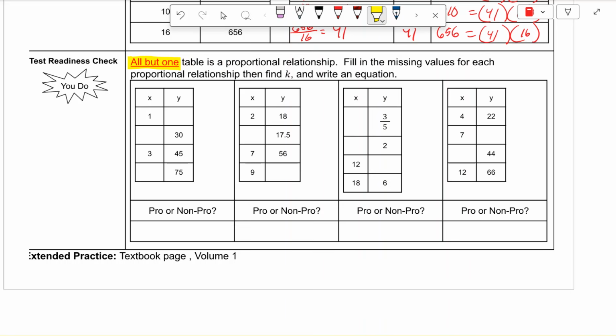Fill in the missing values for each proportional relationship, then find K. After you find K, you're supposed to write an equation. Now this only works for finding K and writing an equation if the relationship is proportional. And remember, one of these tables is not proportional. So go ahead and pause the video and try it out now.